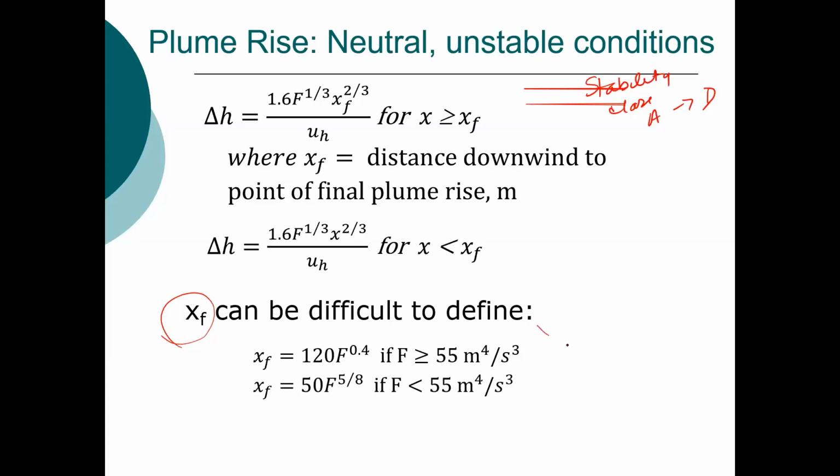And you can see here that we have two different equations for x of f, depending on that buoyancy parameter. All of these equations are empirical, which is why it is extremely important that you use the proper units in these equations.